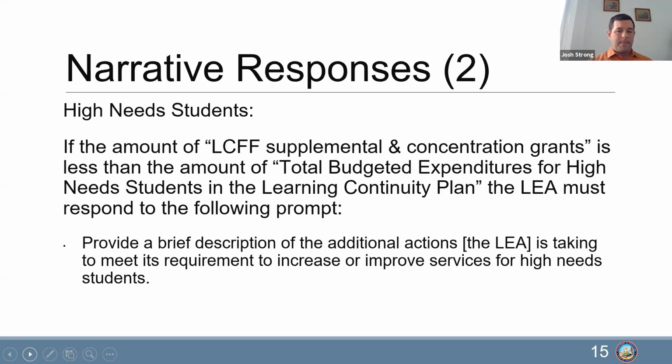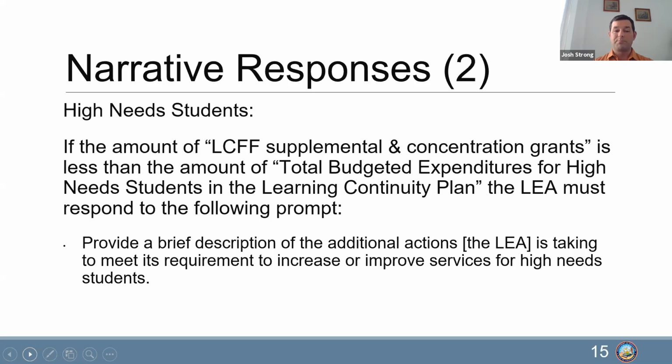Now, the second and the third narrative responses are conditional responses, meaning that an LEA will only be asked to respond to them if the data that they've provided triggers a response, okay? So for high needs students, if the amount of LCFF supplemental and concentration grant funding is less than the amount of total budgeted expenditures for high needs students in the learning continuity plan, the LEA is asked to respond to the following prompt.